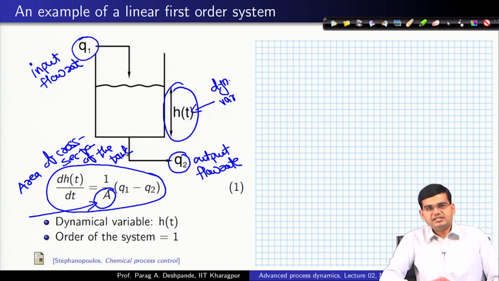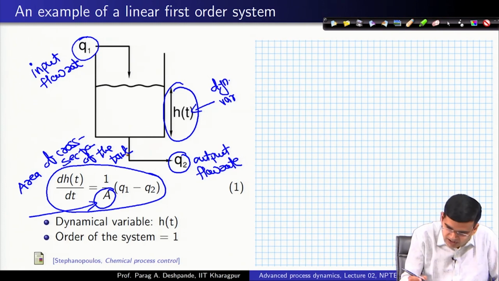What is the genesis of this model equation? It is not very difficult to see.